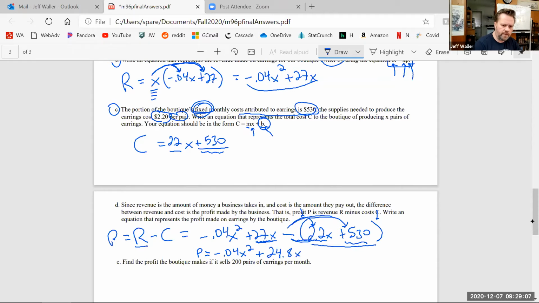And then of course, minus 530. And that's a down parabola like we know it should be.